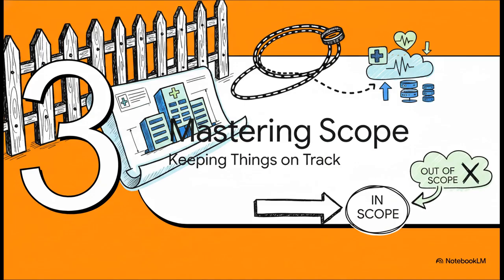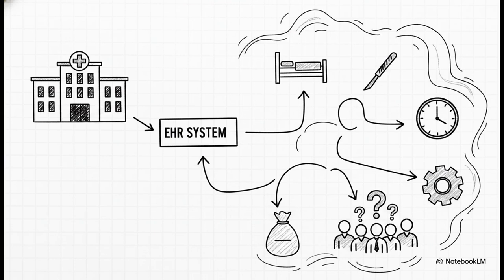Moving on to Section 3, Mastering the Project Scope, Keeping Things on Track. If you want to master your project scope, you have to avoid its absolute biggest threat, the dreaded scope creep. Scope creep happens when items that were never included in the original scope just sort of get added on after the project has already begun.